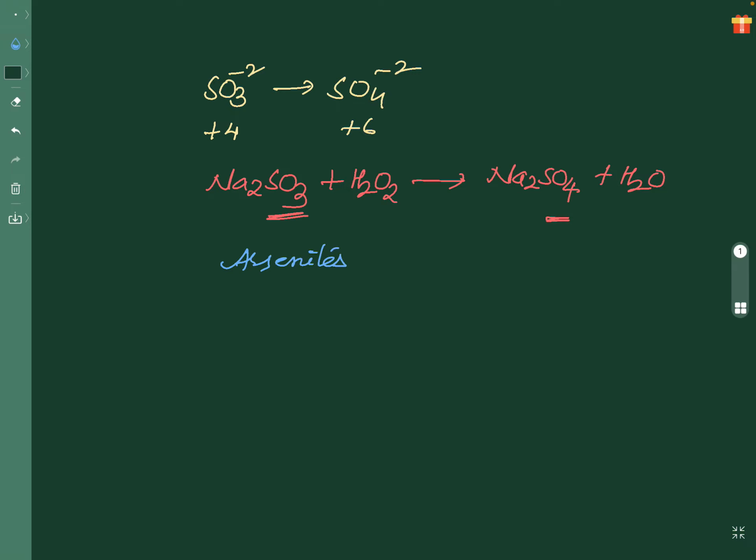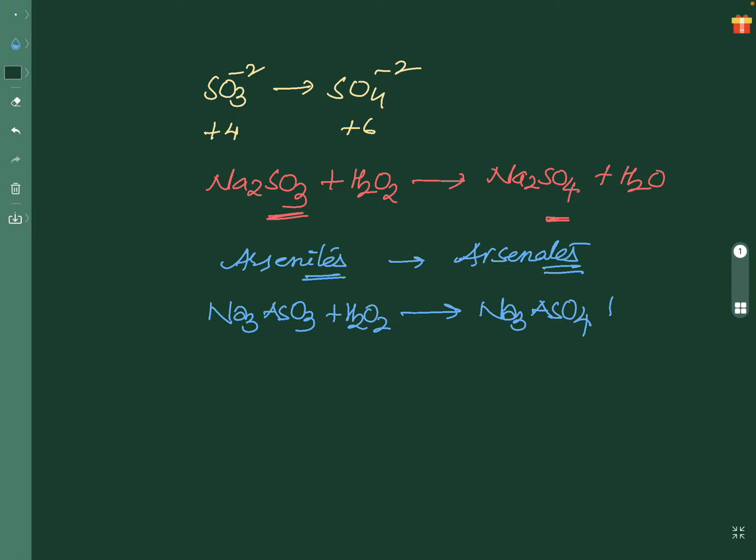Ite means lower oxidation state, ate means higher oxidation state. You can take the simple example Na3AsO3 plus hydrogen peroxide gives rise to Na3AsO4 plus H2O.